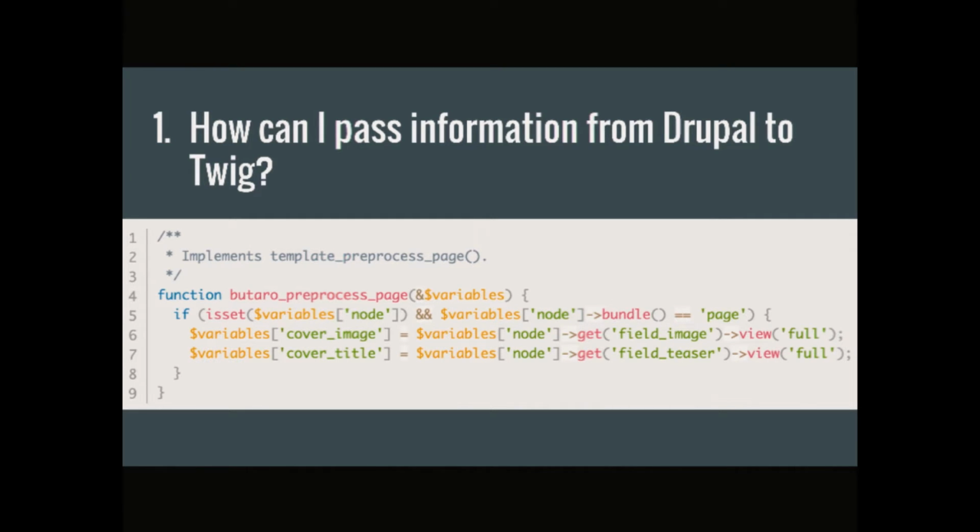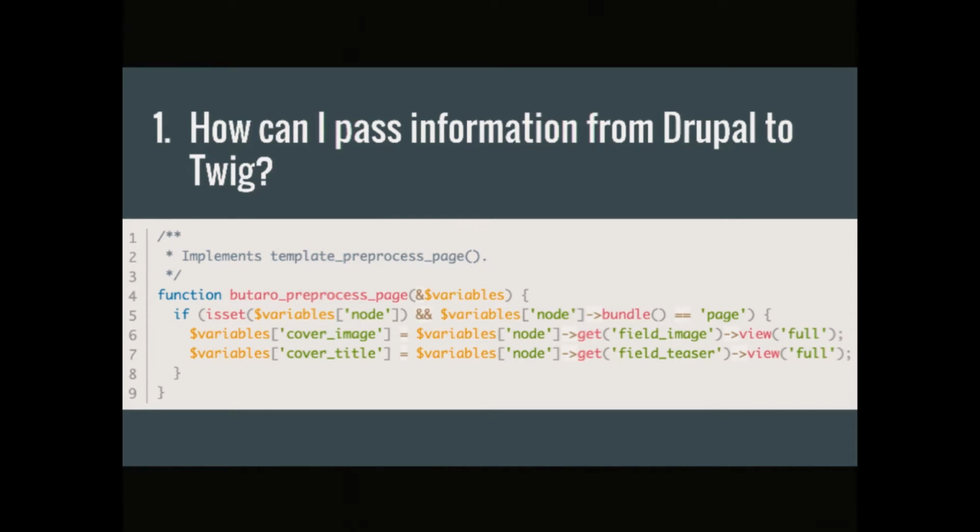I add two elements to that array. One is, I check the node, I get the field image, and I get view full. That view full means that I am going to get a render array with the configuration from the full view mode.